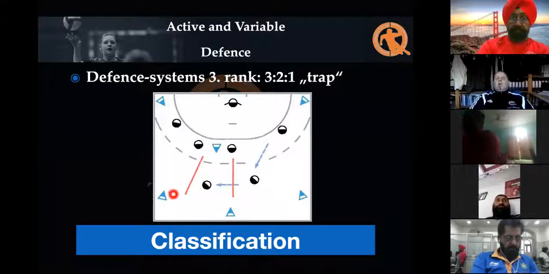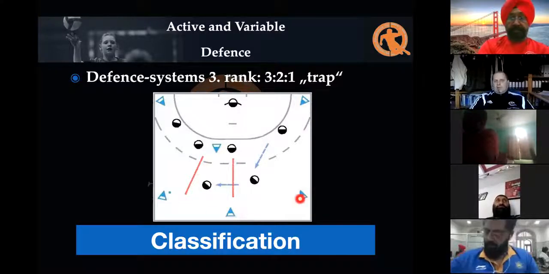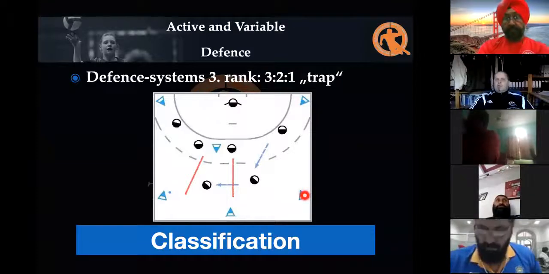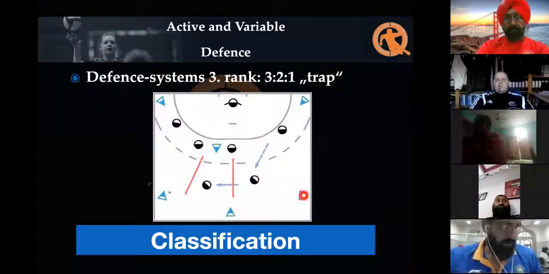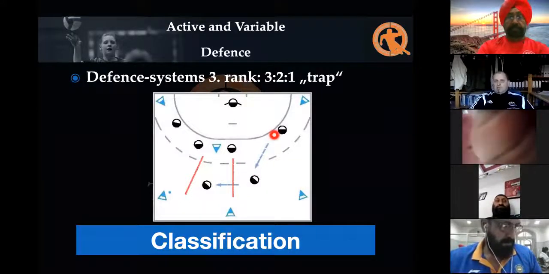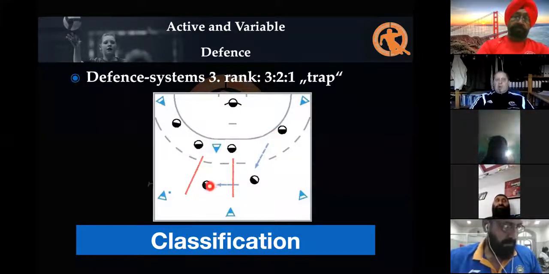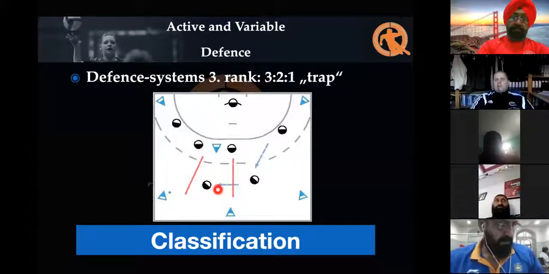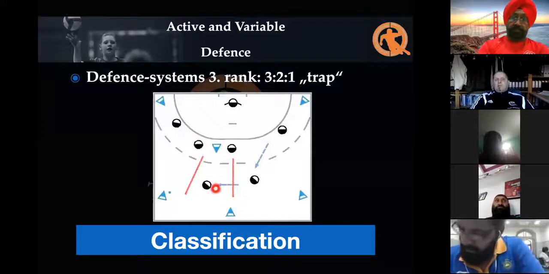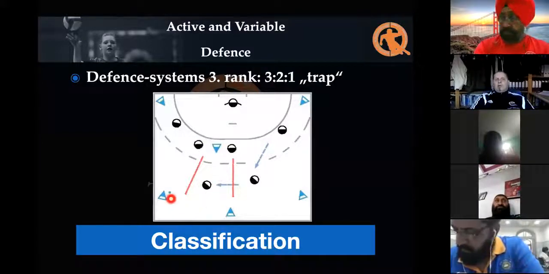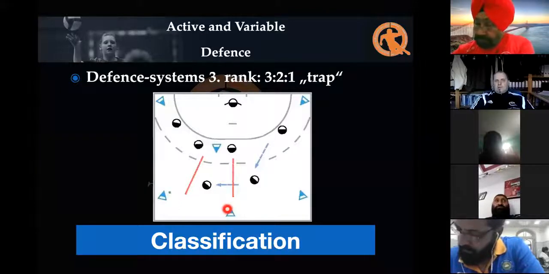Now, by the time the ball is circulated to the other side, the whole defense moves in that way that the half defender is sinking back to a 6-meter position. The point defender is moving to the gap on the other side if the right back is in ball possession, and the half defender from that side is stepping out, taking the position in the gap between left back and center back.